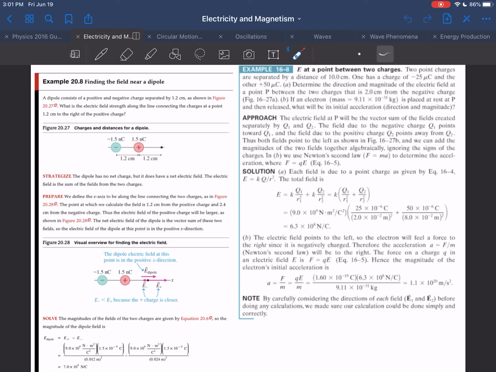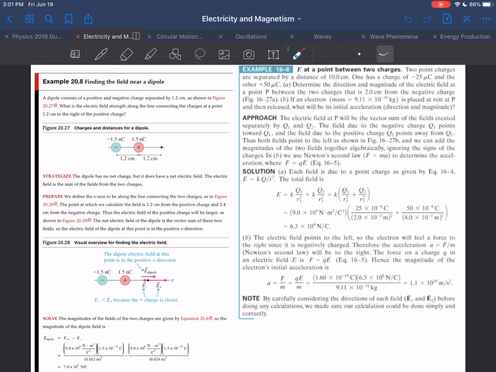But our field question is really, what is going on in that space? There's no charge there. We want to know what this charge and this charge are doing to the space right there when we're calculating the electric field.